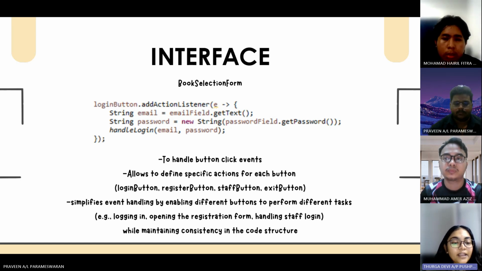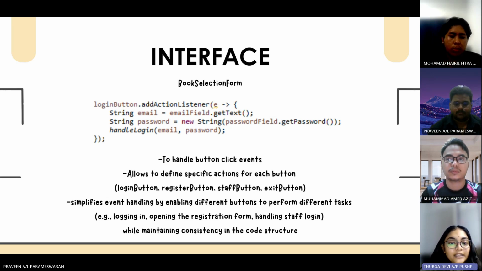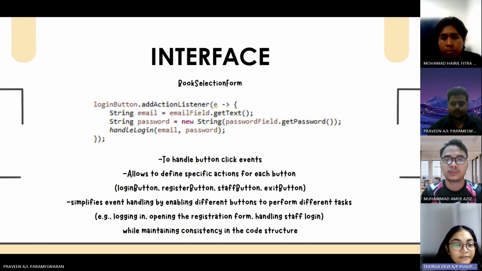It simplifies event handling by enabling different types of buttons to perform their different tasks. For login, we have the login button. For opening the registration form, we have the register button. For handling staff login, we have the staff button. While maintaining different tasks, we keep a consistent code structure.